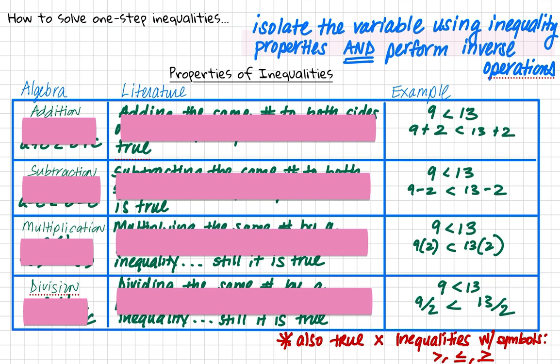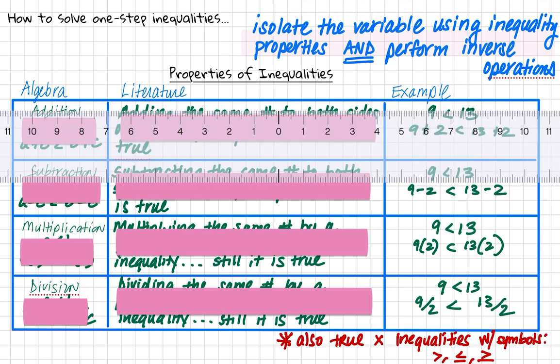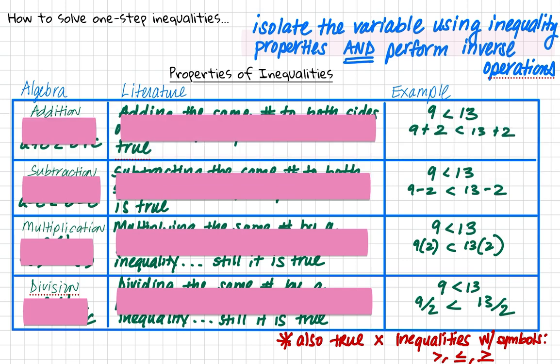So there are several properties for inequalities. They are addition, subtraction, multiplication, and division. So for addition, we have an example where A is less than B. I'm using less than in the examples, but I wrote down here that it's also true for inequalities with symbols of greater than, less than or equal to, and greater than or equal to.